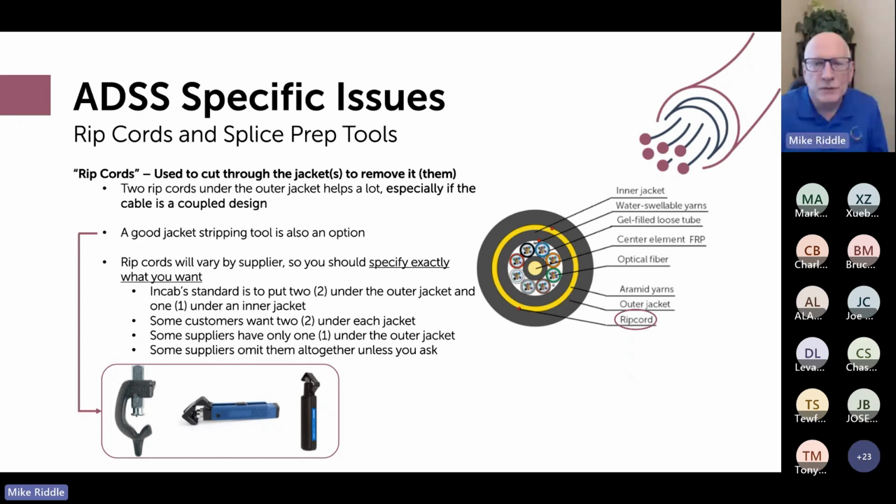But you need to specify what you want. A good jacket stripping tool is an option. Here's some pictures of some common ones that are in use today. They're all good. And then, as I just mentioned, ripcord practice varies by manufacturers, so you need to tell them what you want.